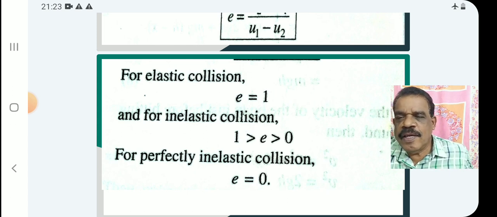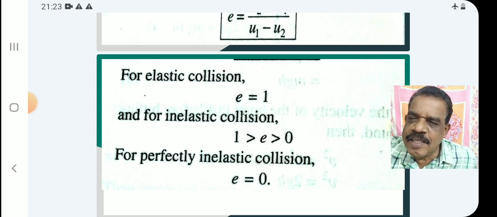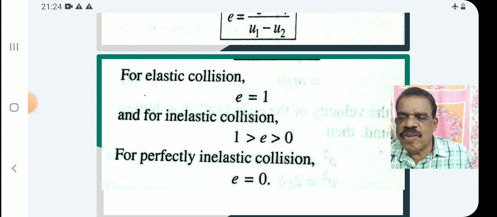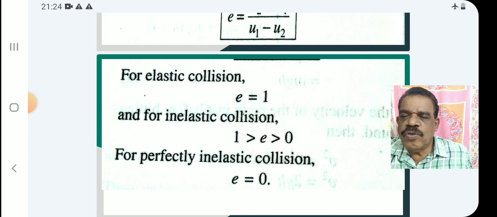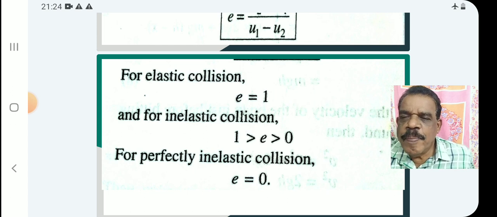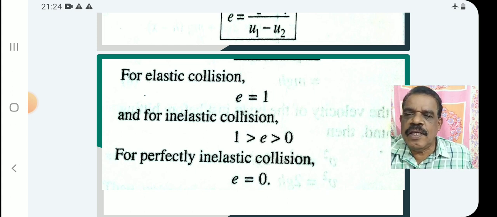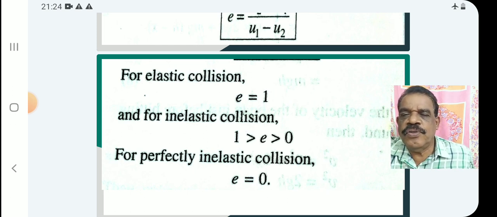Collision is actually two types, elastic and inelastic. When we say inelastic, we usually mean perfectly inelastic. If the collision is perfectly inelastic, e is equal to 0. And if the collision is elastic, e is equal to 1. If the collision is in between elastic and perfectly inelastic, it can be called inelastic, and the value of e is in between 1 and 0.